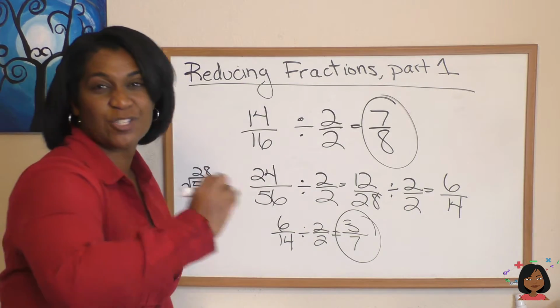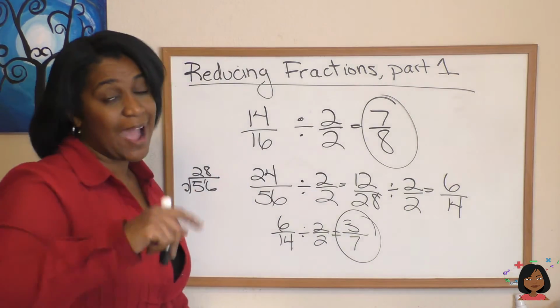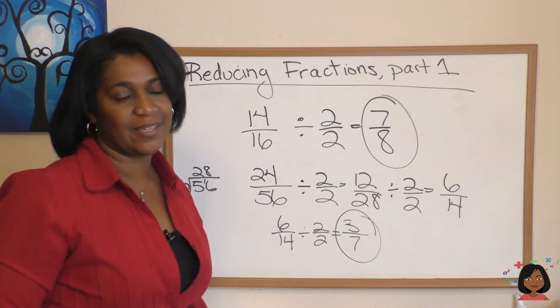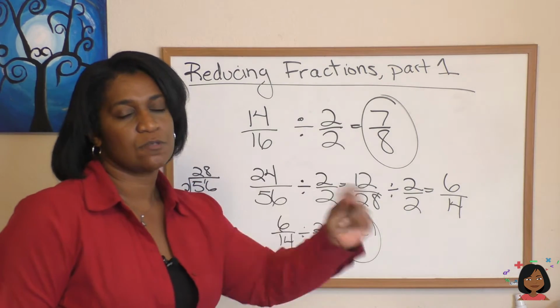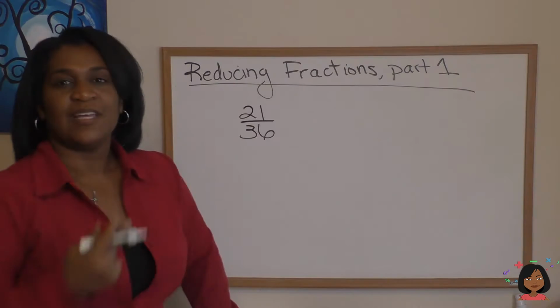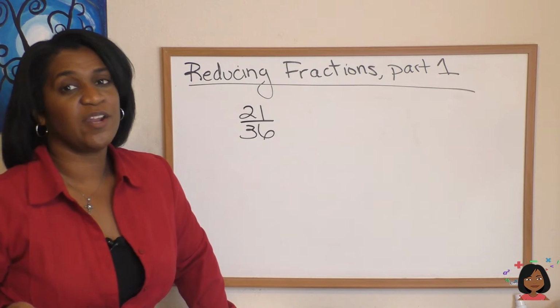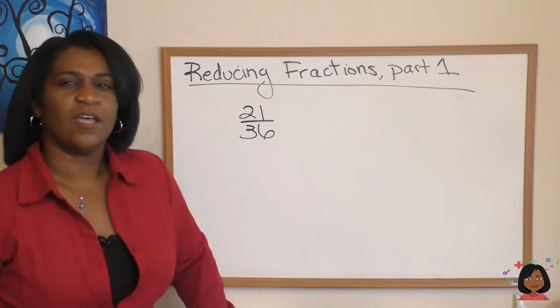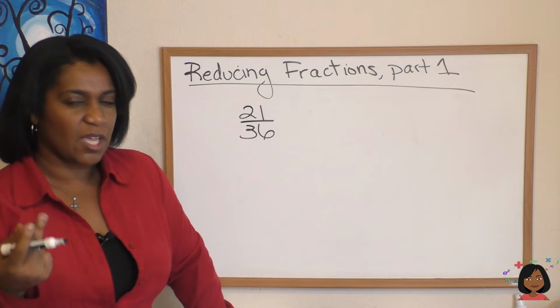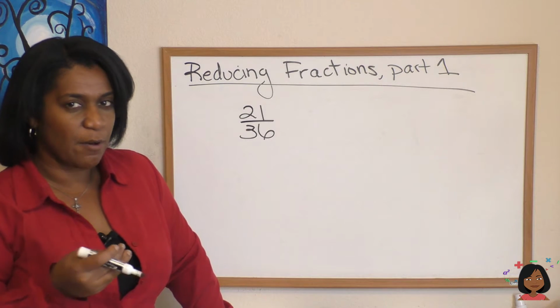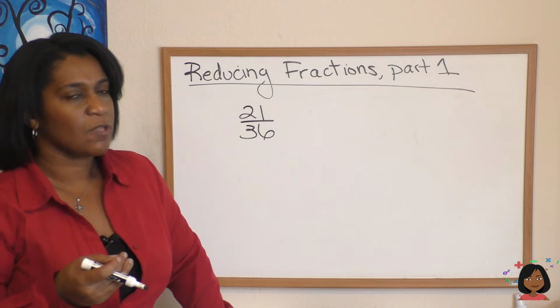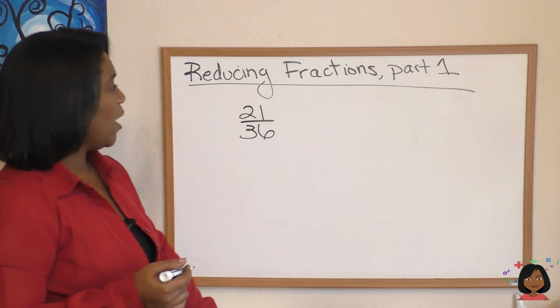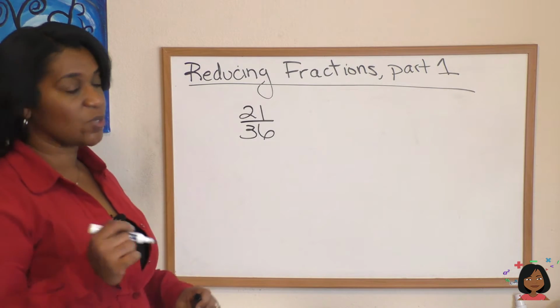Now, I've shown you how to do it the long way, and now I'm going to show you how to do it mentally, because we're all about doing it mentally, doing it quick. Look at this fraction, 21 over 36. So to do it mentally, I want to think, is there a number that goes into both of these numbers with no remainder? Well, I know that 7 times 3 is 21.